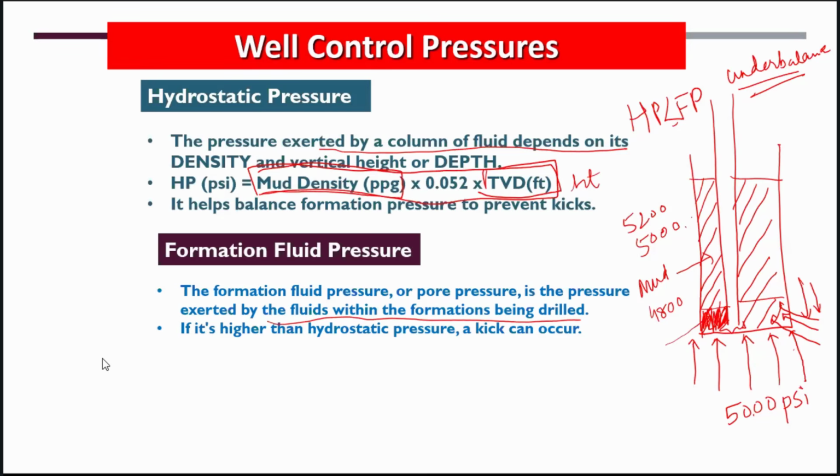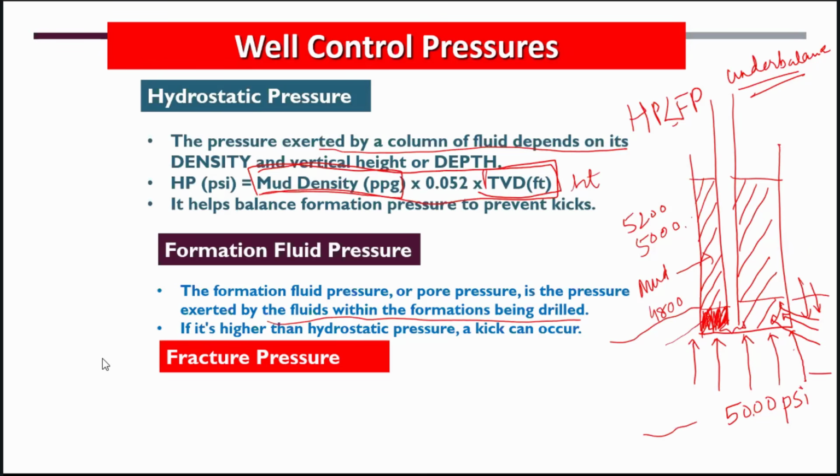I hope these two concepts are crystal clear for you, because this is very important in managing the well control procedure. Now the next important thing is fracture pressure. What is fracture pressure? We understood formation pressure, and the formation has a certain capacity.